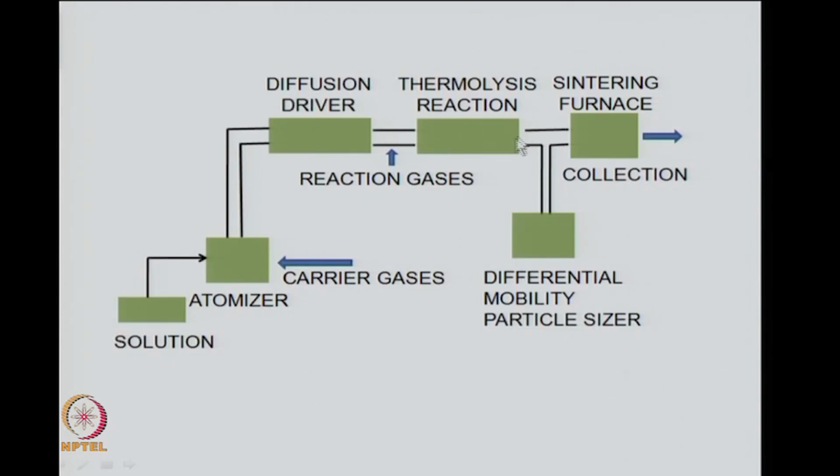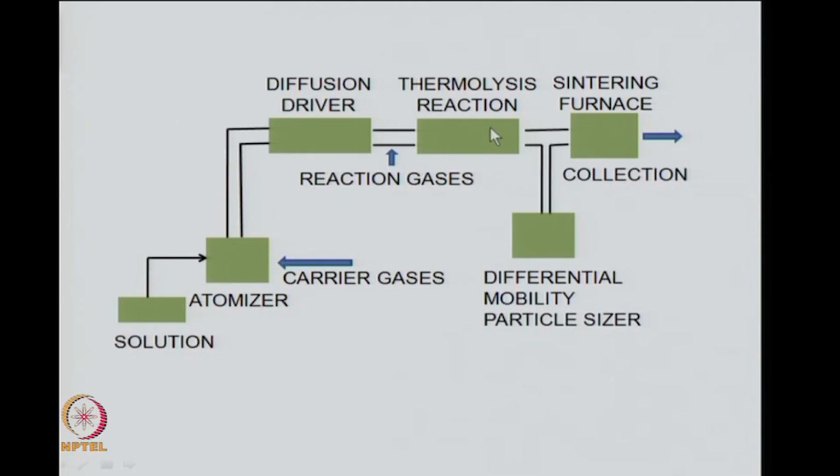This is the furnace where thermolysis will occur, that means breakdown of the droplets in the presence of heat. In this furnace, the solute remains and the solvent evaporates. Finally, these particles move into the sintering furnace.